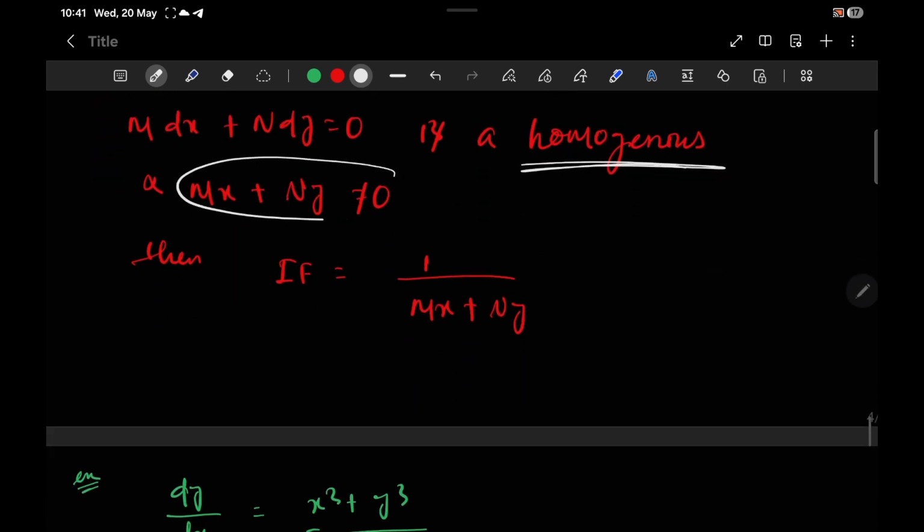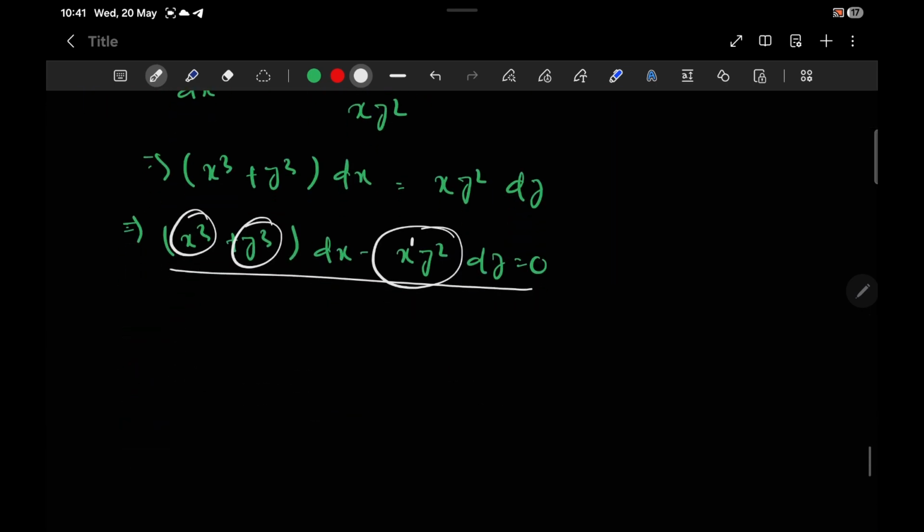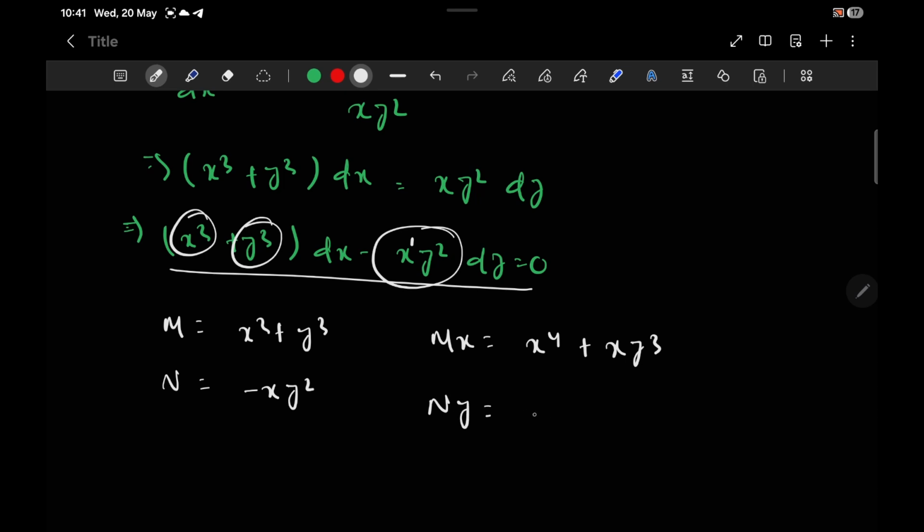And now let's test this. Mx plus Ny is not equal to 0. So here M is x^3 + y^3 and N is minus xy^2. So Mx will be x^4 plus xy^3 and Ny is equal to minus xy^3.